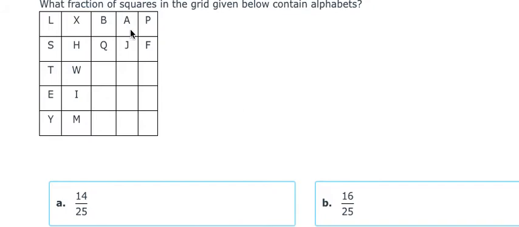What fraction of the squares in the grid contain alphabets? So let's find out how many squares there are first. 1, 2, 3, 4, 5 into 1, 2, 3, 4, 5. 25. It's a 5 cross 5 grid.